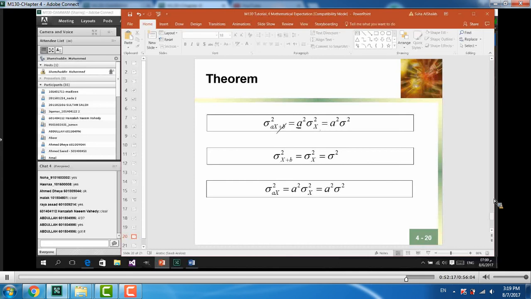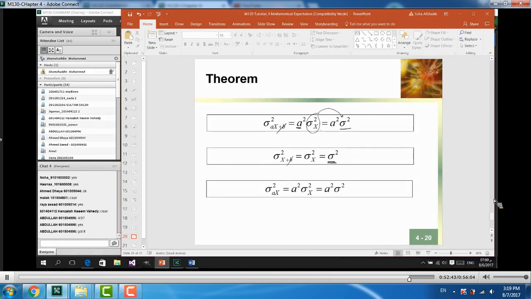If you have sigma squared of x plus b, the coefficient here is just 1, so it is the same as sigma squared, because the b will be cancelled since it's a constant. And the sigma squared of ax is a squared sigma squared, because I don't have a b, no effect of the b here.